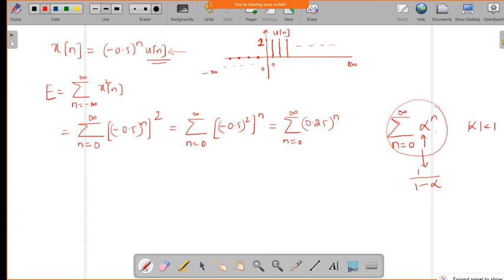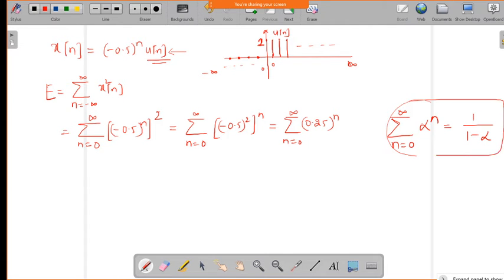That is the standard expression from mathematics.